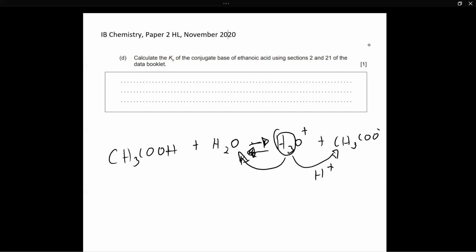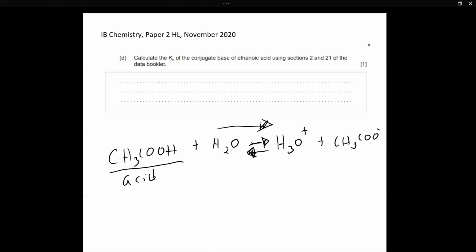So if you notice what's happening over here, we can see that in the forward reaction, where the reaction is going this way, ethanoic acid acts as the acid, right? Obviously, because remember the definition of an acid, if you take a look at the Bronsted-Lowry definitions, the definition of an acid is a proton or a hydrogen donor.